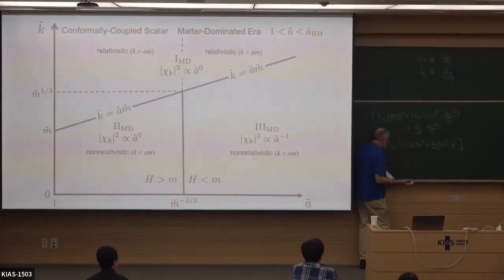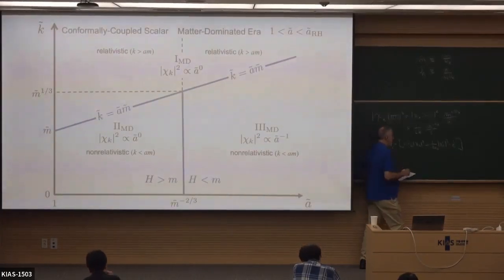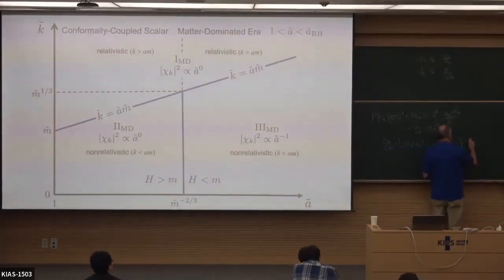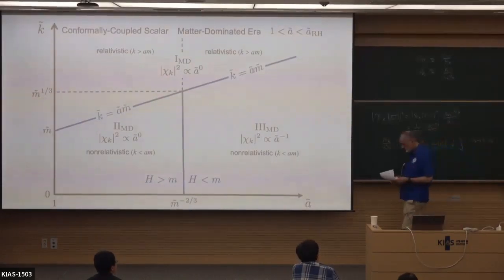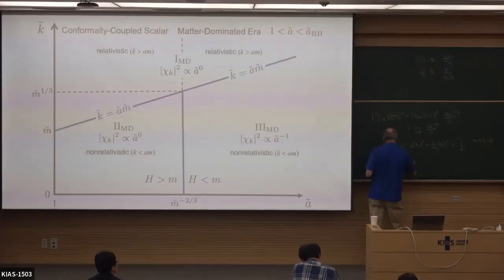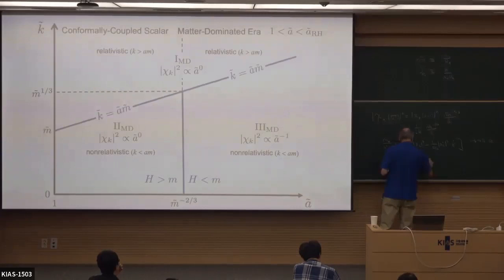We can calculate chi k prime. And at late times, omega k is a tilde times m tilde. So this ends up being 1 over 8 pi squared, m tilde to the 1/3, k tilde squared.